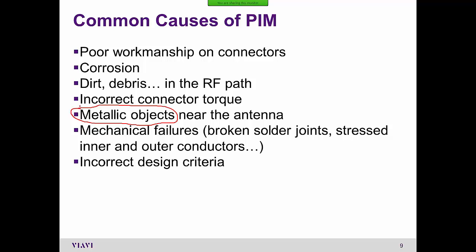Connectors that get stressed, in other words, the bends right outside the connector are too sharp, and that can create problems. And then, especially when PIM was first being addressed, maybe 5 years ago, when people were really saying we've got to address PIM, and PIM testers were all the rage, there were an awful lot of parts used in systems that really weren't designed properly.